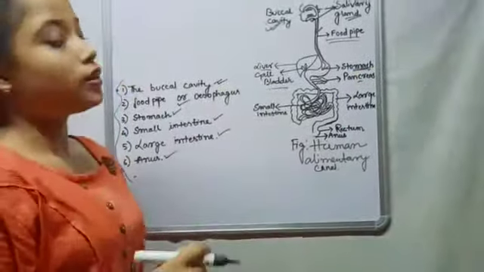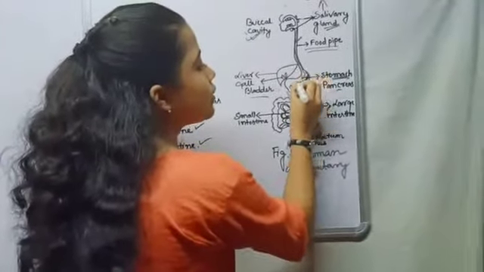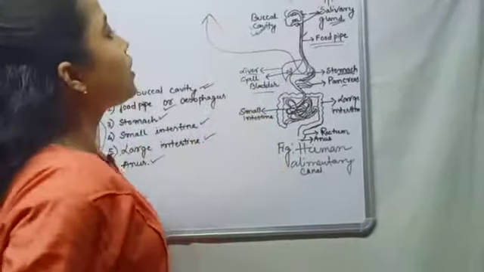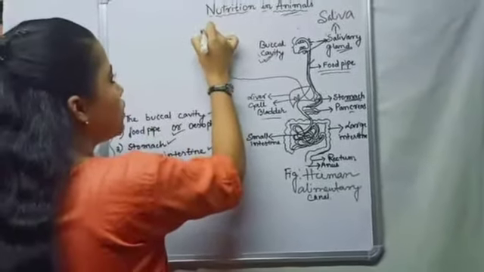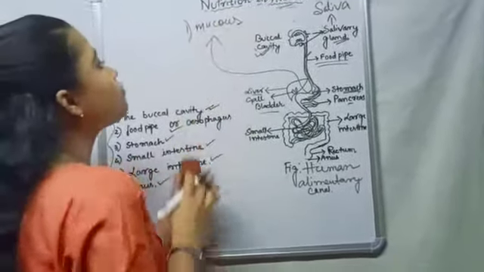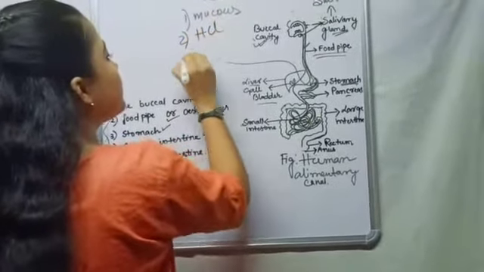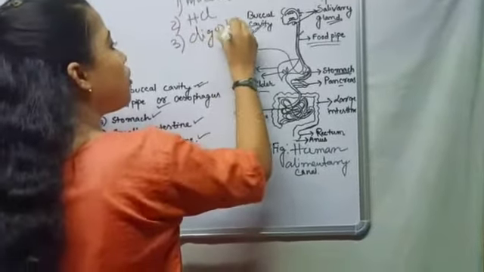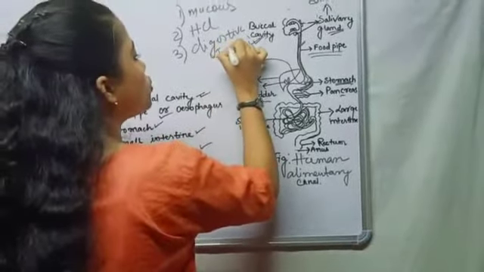The chemical process. Now see, the stomach contains an inner lining. The inner lining of the stomach contains three things: number one is mucus, number two is HCl, and number three is digestive juice.